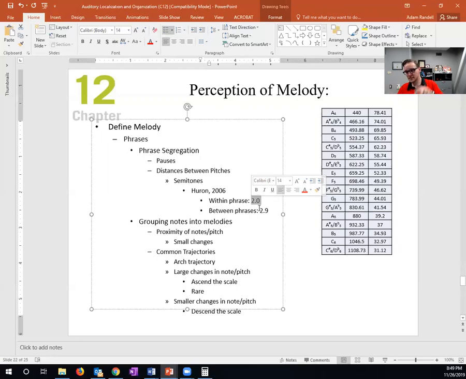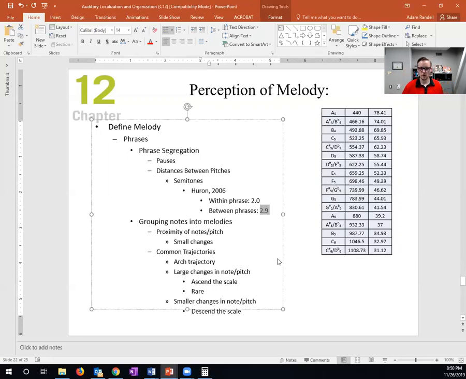Transition between phrases, though, is just shy of 3 semitones long. So we use the distance in the transition between pitch and the distance in time between two different pitches.